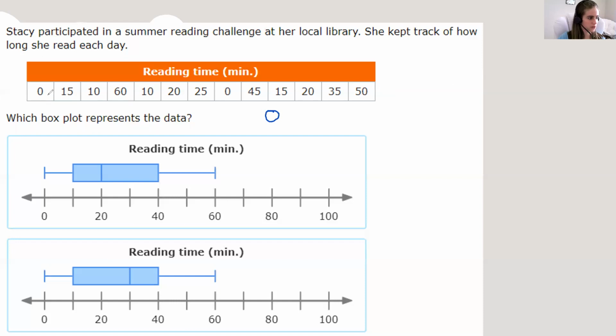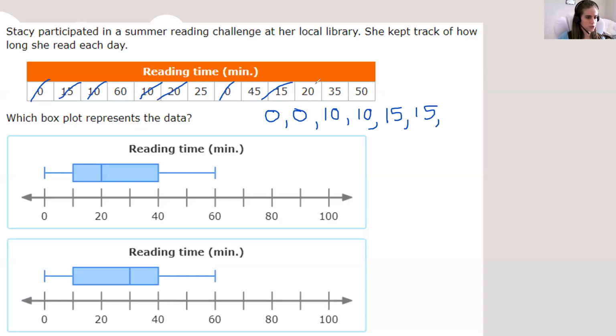We start with 0, and then we have another 0. Next looks to be 10. 10 again. 15. 15 again.